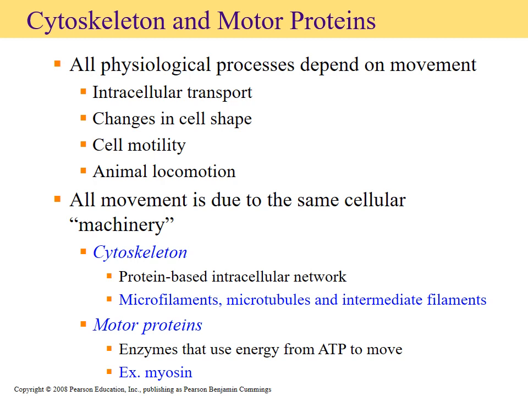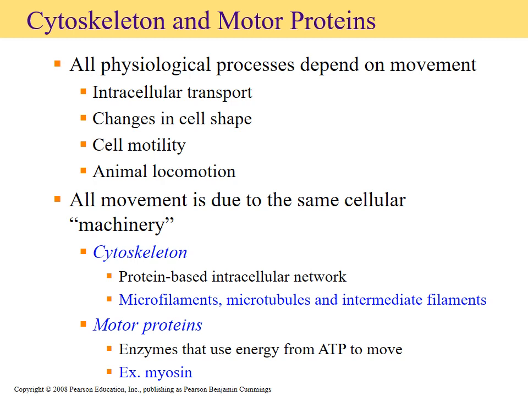Now, the quote-unquote machinery or the items that we'll use for cellular movement will tend to all revolve around the cytoskeleton and the motor proteins. The cytoskeleton is mostly composed of proteins that often form the intracellular network that you would find inside of the cell. This is where you would look at things like your microfilaments, your microtubules, and your intermediate filaments.